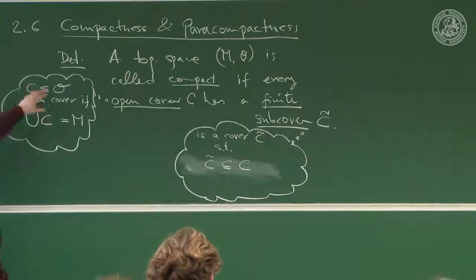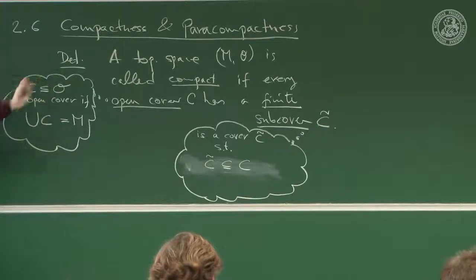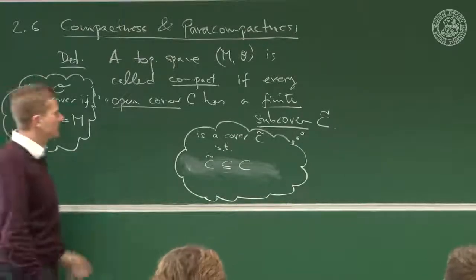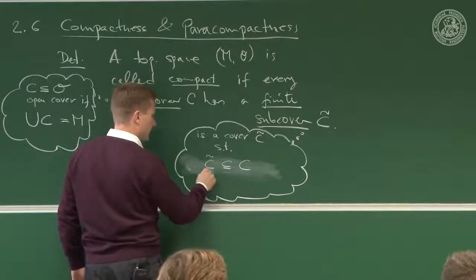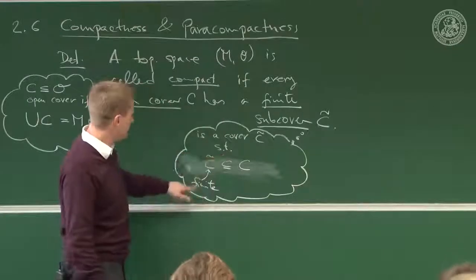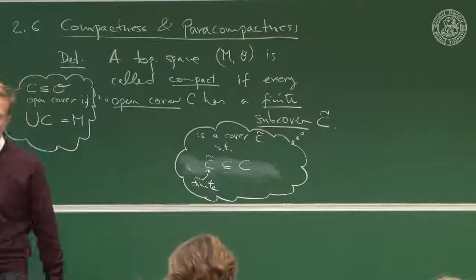So you take a cover, and a finite subcover is where you take out open sets from the cover, but you still have a cover. And if that cover is finite, then you have a finite subcover. So a finite subcover is a cover which is a finite subset of the cover. That's it.